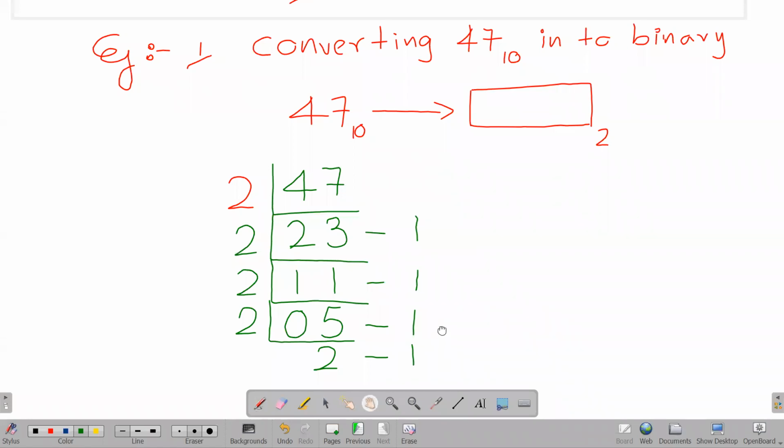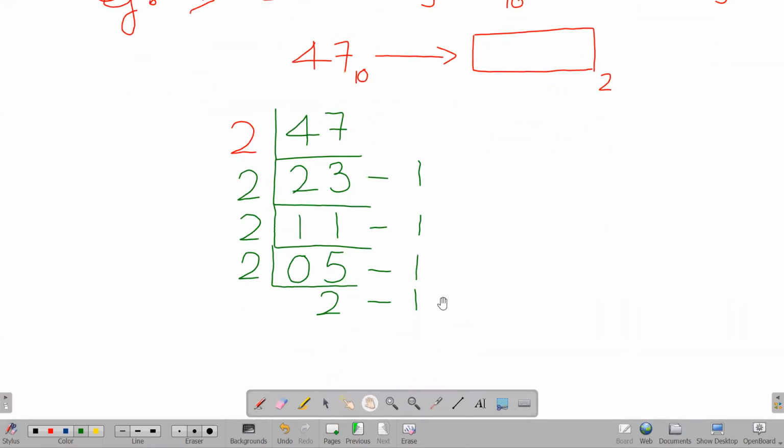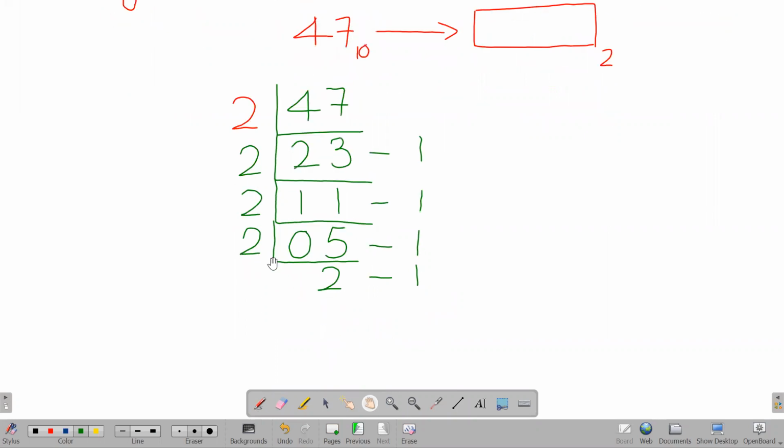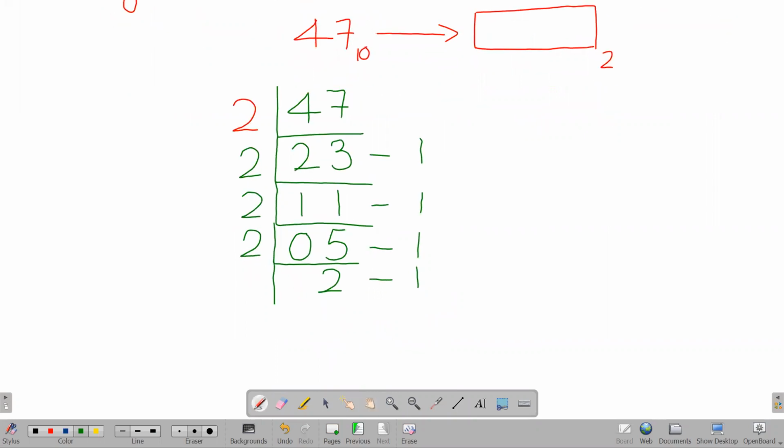And when it comes to the 2, this answer is still not less than 2, so we are going to divide it by 2 again. So we got 1 time 2. And don't forget to write the remainder. Even though we have nothing as the remainder, we must indicate it using a 0.